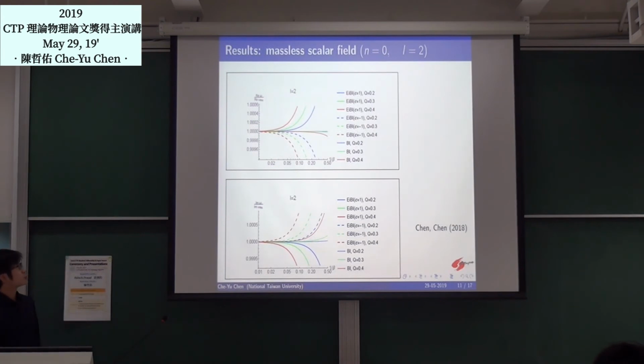And here I just want to show you the results. The upper figure corresponds to the real part of the frequency. As I said, in the quasi-normal mode, we also have the imaginary part, which corresponds to the decay of the amplitude. And we consider the ratio between the frequencies and that of the Reissner-Nordström black hole.